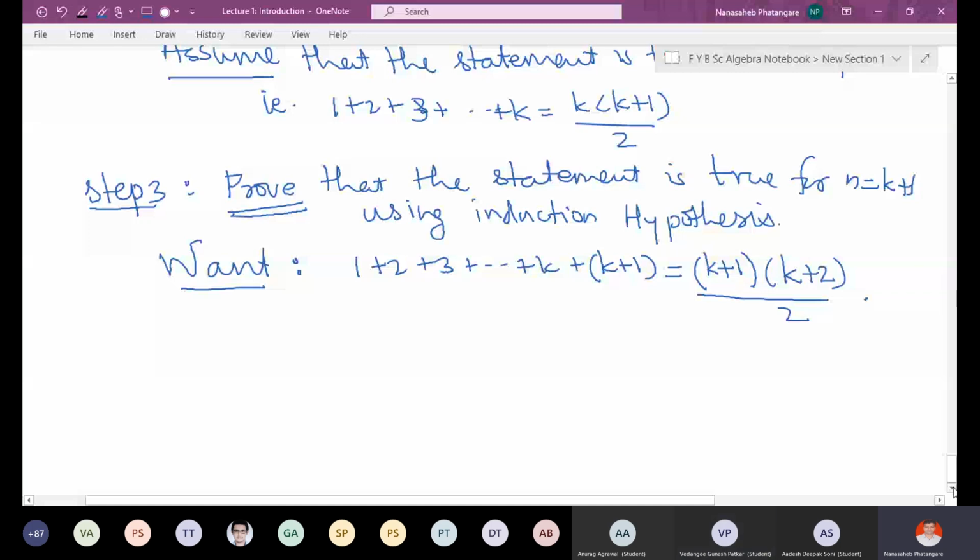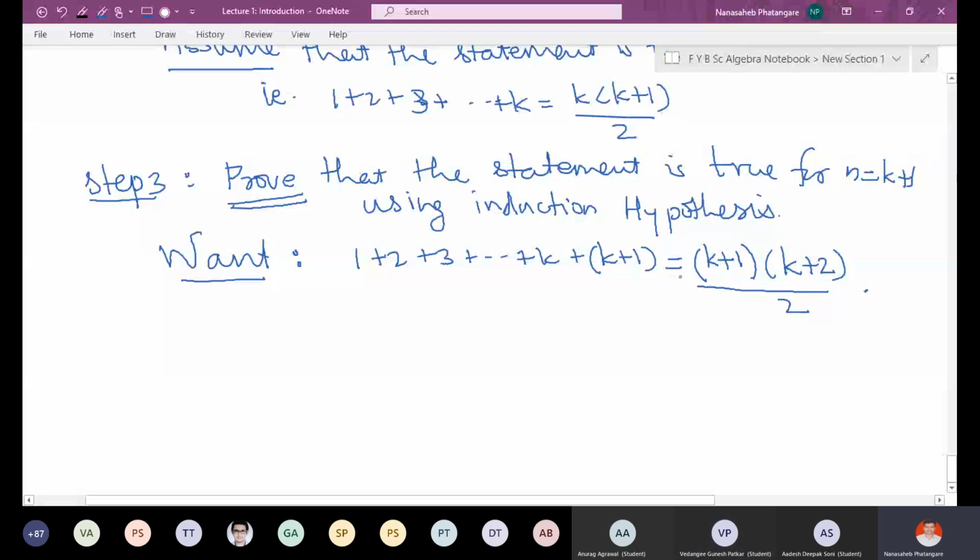If we are able to prove the expected answer, then we are done, and then we can declare that the result is true. So let us start with the sum of k plus 1 numbers, right?